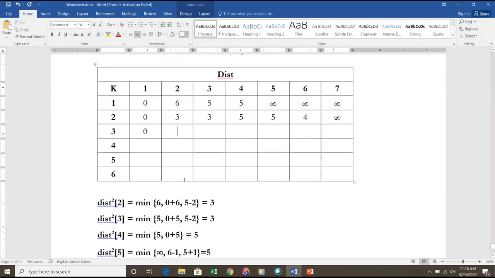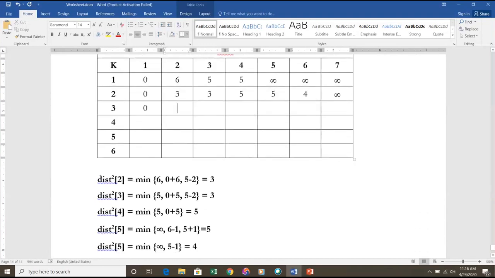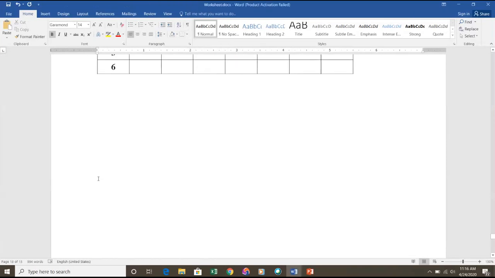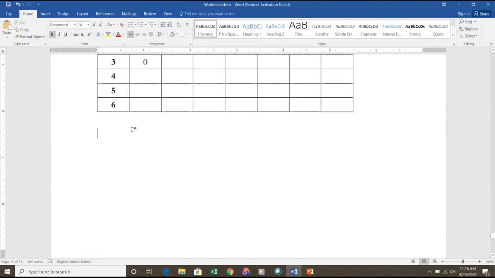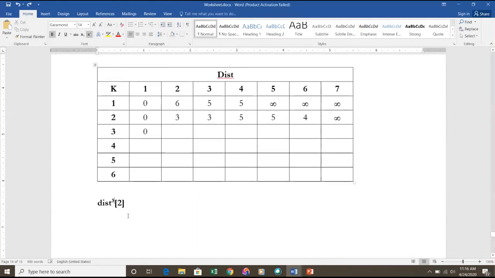Distance of 2, I will push this downwards. So now, k value is 3, calculate the distance of 2.